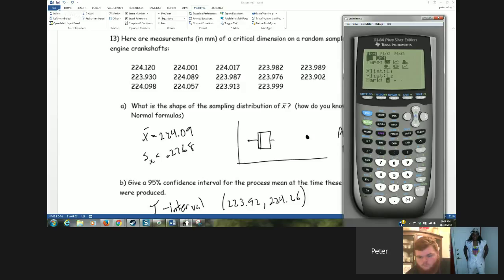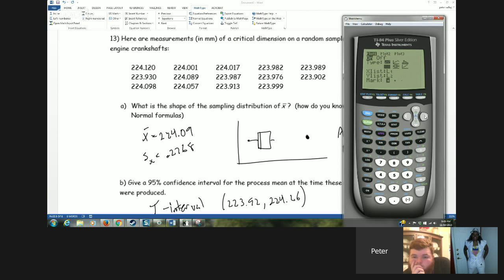I want to do a box plot, so we want this first option. It's going to ask where the numbers are, and I'm going to tell it list 1. And then from here, I'm going to hit zoom 9.